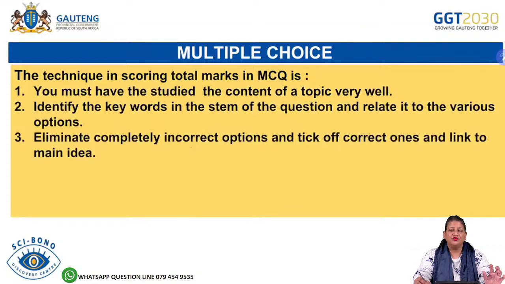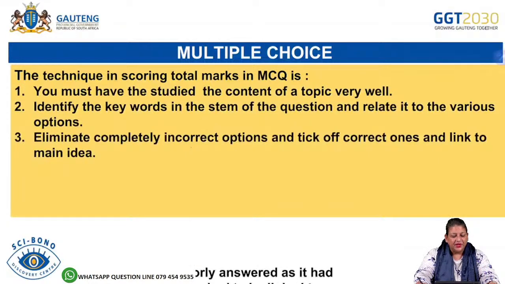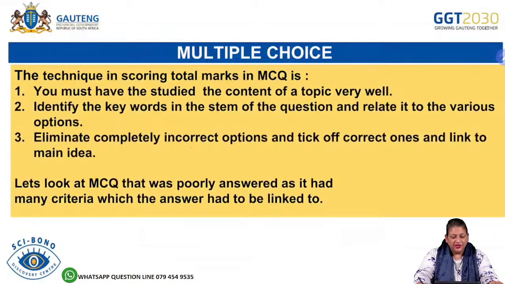And now I'm left with the option of these two. Between the two that are left, look at what is the closest one to the main idea in the multiple choice question. And let's look at the multiple choice that was, first of all, very poorly answered in the prelim paper due to having many criteria, and then you have to look at the criteria and then choose from the alternatives.